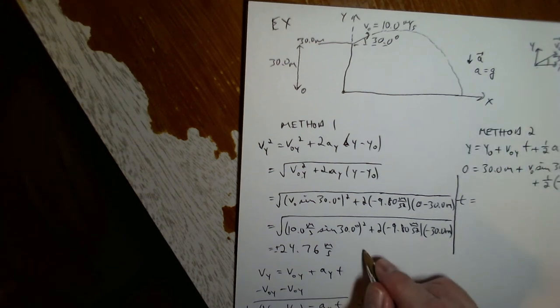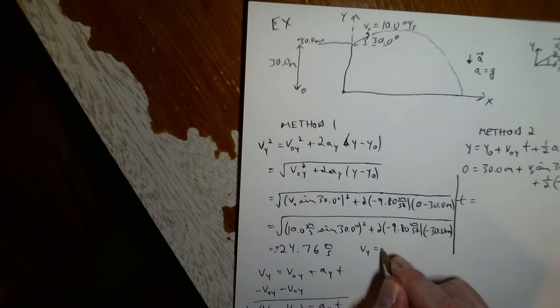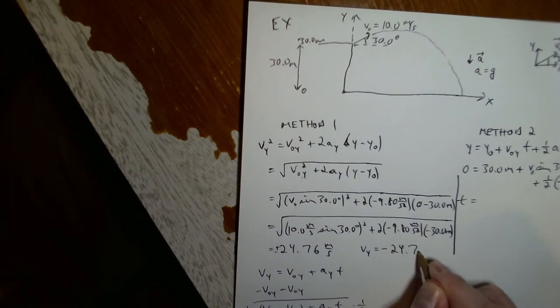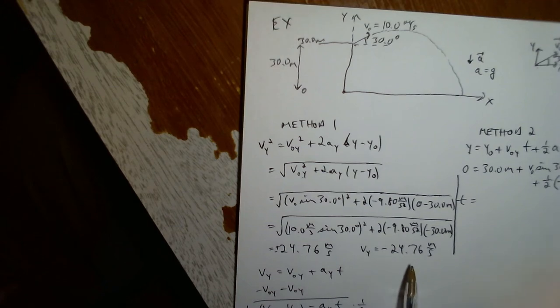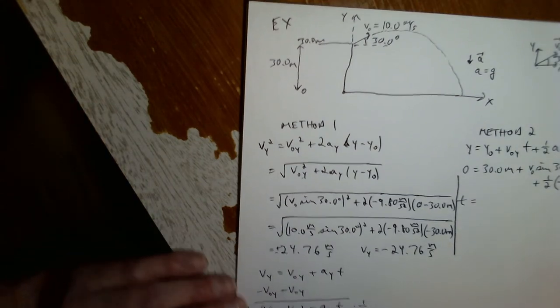So Vy turns out to be minus 24.76 meter per second. Also notice I kept an extra digit here because I want to minimize rounding error. Later I'll round to 3 digits in accord with the 3 digits I started with in the information.